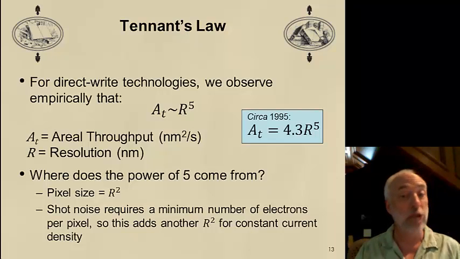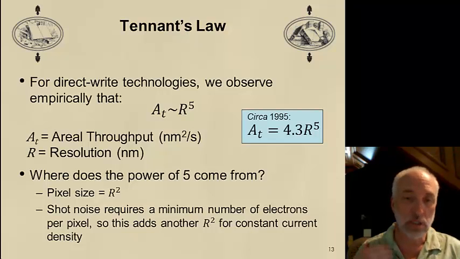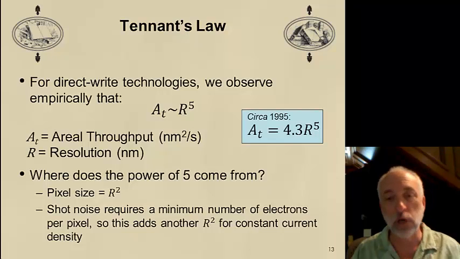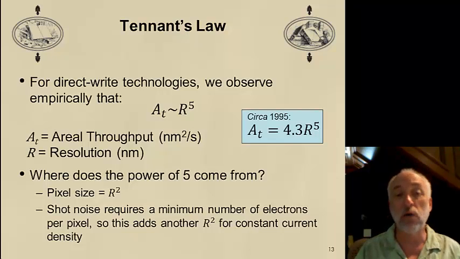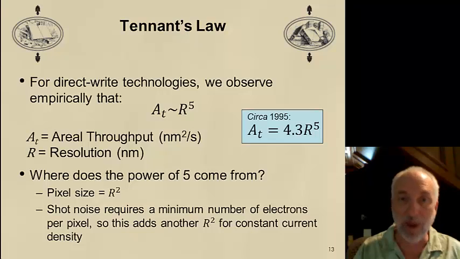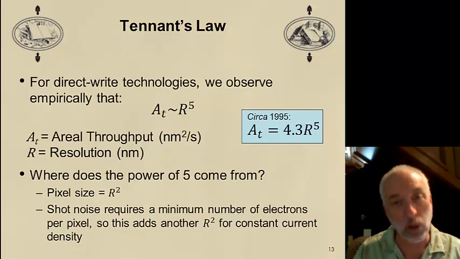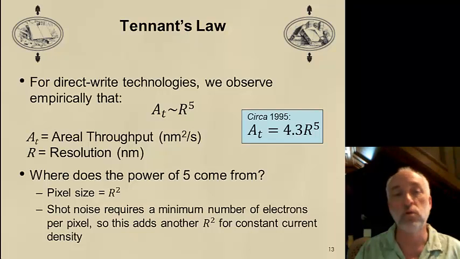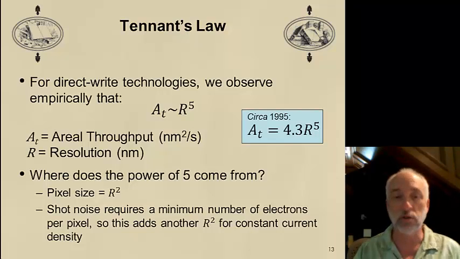Well, shot noise is another factor. You can push the sensitivity of a resist, the resolution per unit dose, only so far before you start suffering from shot noise. In other words, there's a minimum number of electrons per pixel required in order to control that pixel properly. If you get too few electrons in any given pixel, you start losing control due to the statistical noise called shot noise.